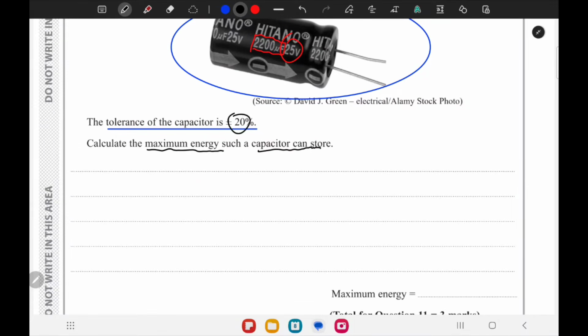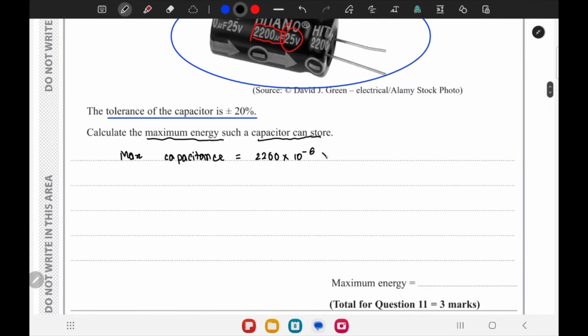Now, since there is a tolerance of 20%, the maximum capacitance will be 2200 times 10 to the power minus 6 farads times 1.20 to account for the 20% increase that it can tolerate.